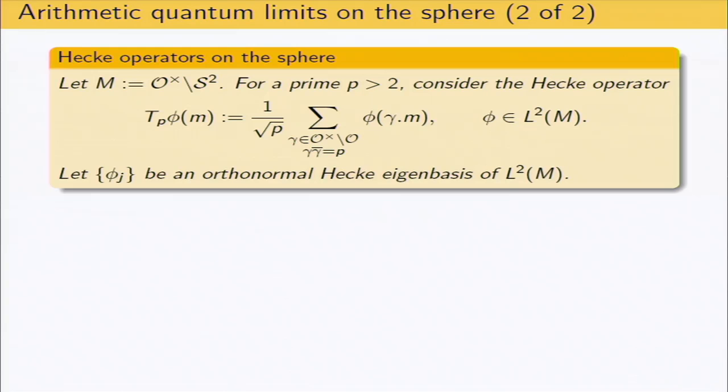Okay, and once we have this understanding of Hurwitz quaternions and how they act on our model of the sphere, we look at a quotient of the sphere. That's why I featured this fundamental domain. And for an odd prime, odd because 2 is a bad prime for Hurwitz quaternions, we look at this Hecke operator, which comes from length p Hurwitz quaternions.